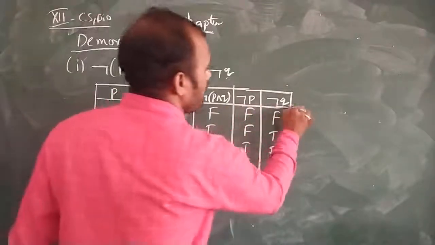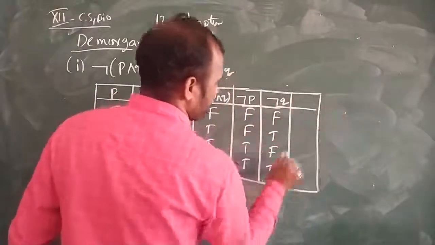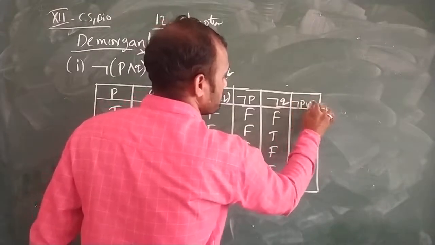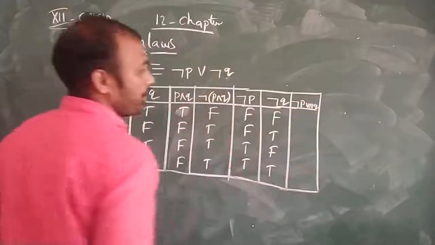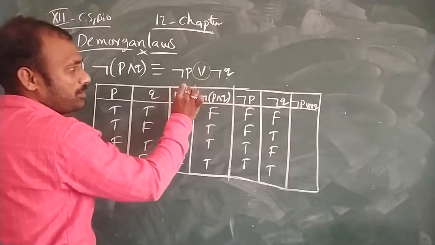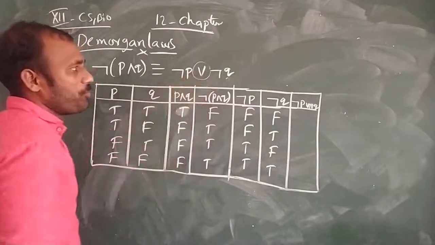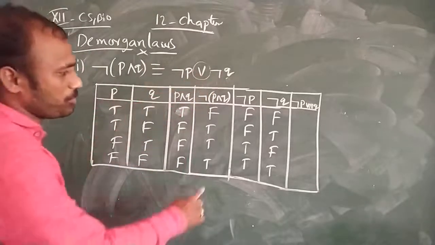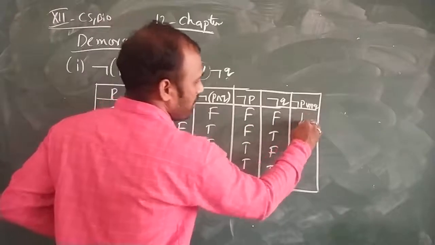So for these, I have to apply OR operation. I know that OR operation is false only when false, false is there. Remaining all cases should be true. So false, false, it is false.